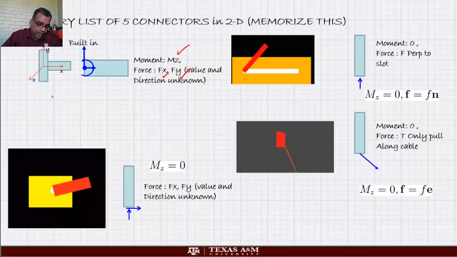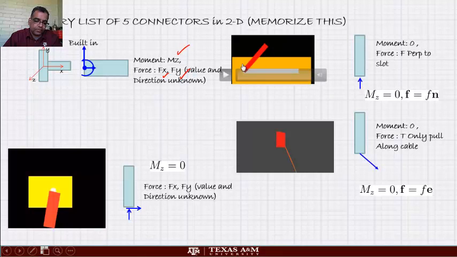Okay, the minute you go here, second joint, torque is 0, but X force and Y force are there. These two prevent this point from moving. The torque being equal to 0 allows this to go back and forth.